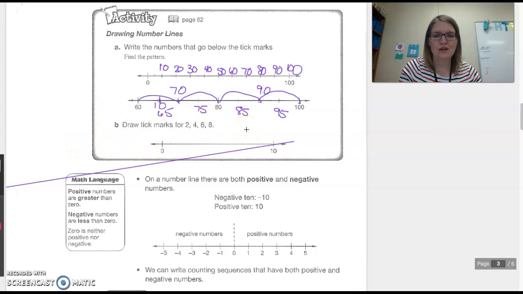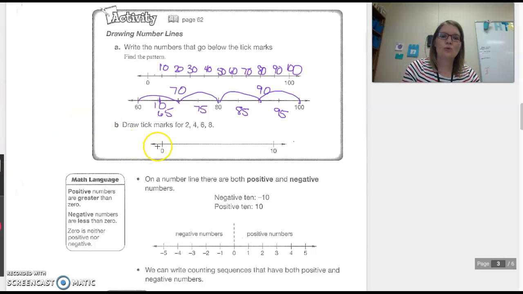Oh my goodness, guys, look at this. We've got a little scratchy part. Okay, there we go. Back to drawing. So we need to look at creating space that's going to be even. So I have to think 2, 4, 6, 8.